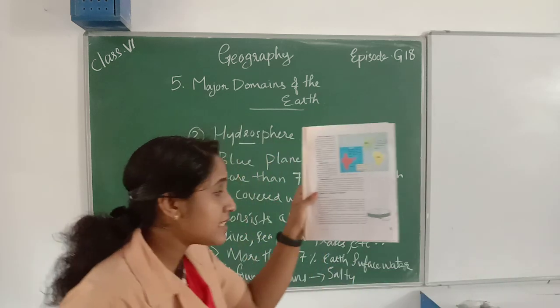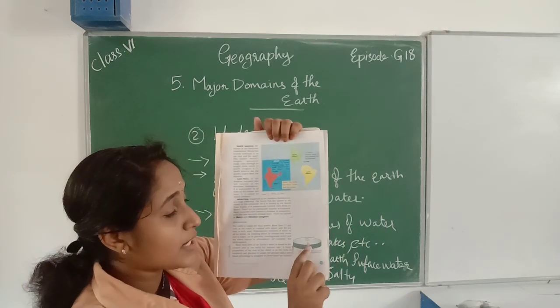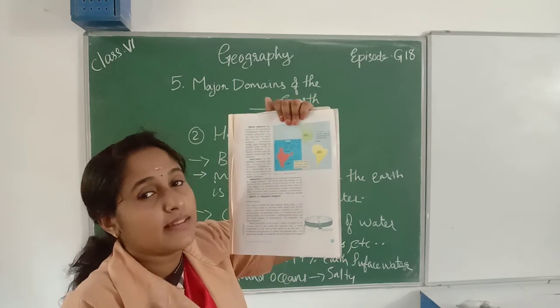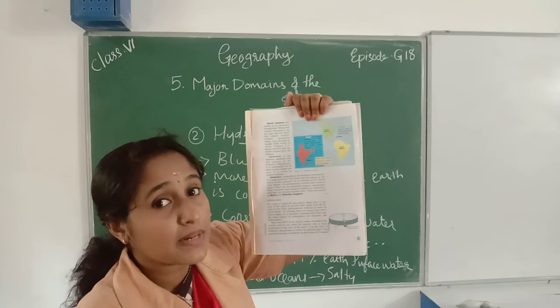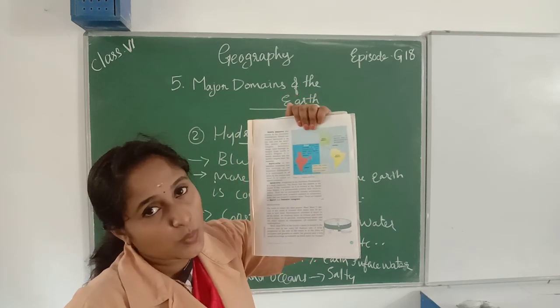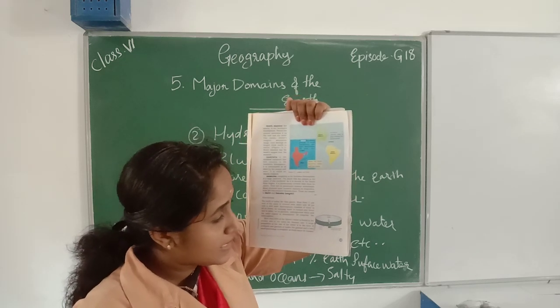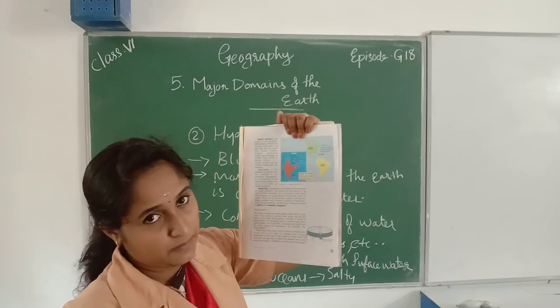So look at this picture. We can see that 97.2% of water is found in the oceans. Only 0.03% is fresh water. And look at this, 2.8% is stored in ice sheets and groundwater.